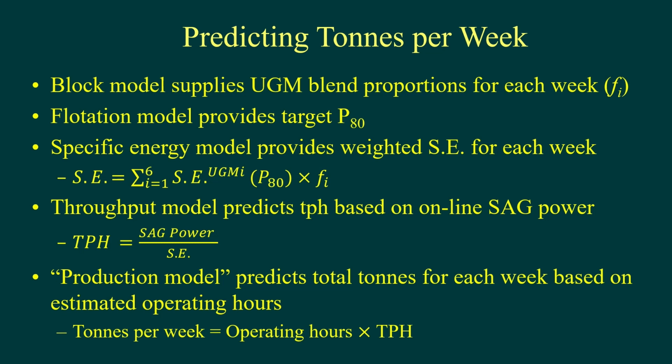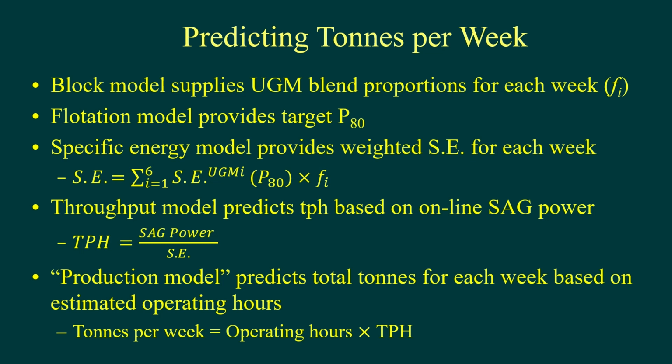So in their final model, their block model supplies to their comminution model what the UGM blend proportions were for each week, because their model worked on a weekly basis. That's that function there. They also developed a flotation model which provided for each of the UGMs what the target P80 should be for the ball mill circuit.